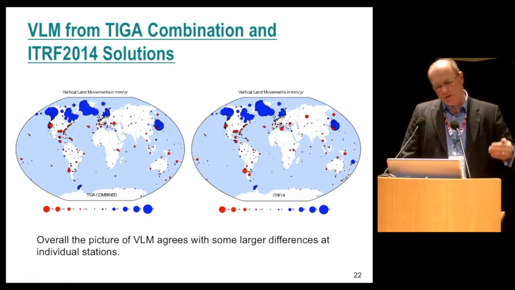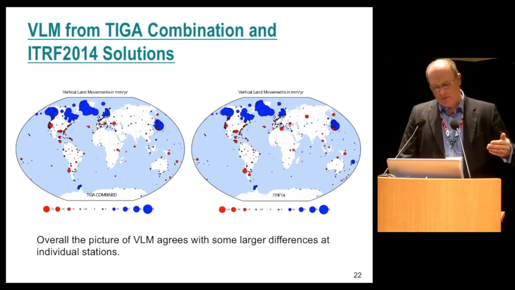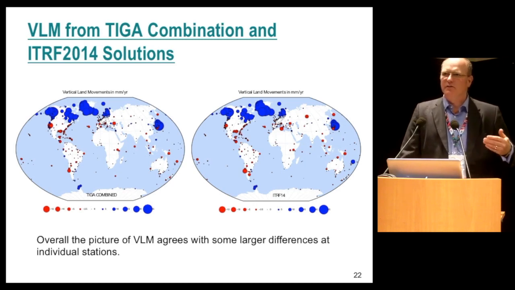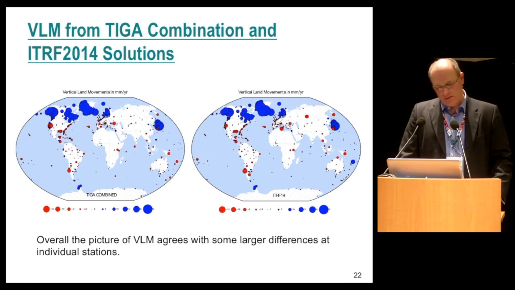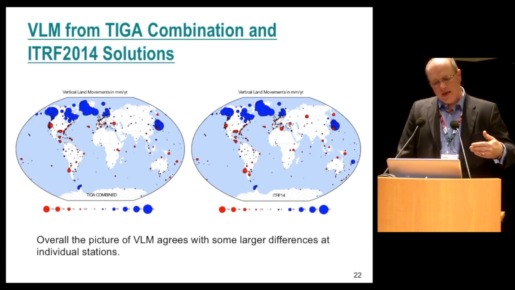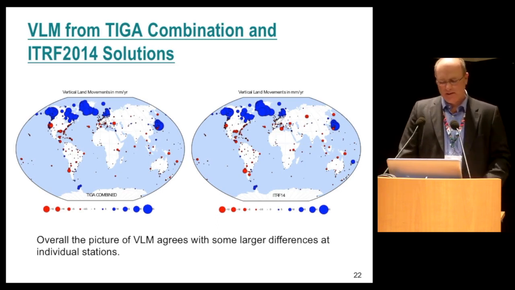We started off initially with the discontinuity file of ITRF 2008, then replaced that with ITRF 2014, and then to those we've added the discontinuities that we have obtained from a visual inspection of the time series. So a lot of work has gone into that, and we certainly have more offsets in the end in our model than was modeled there.